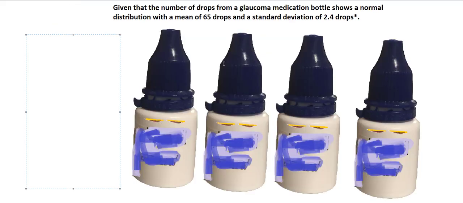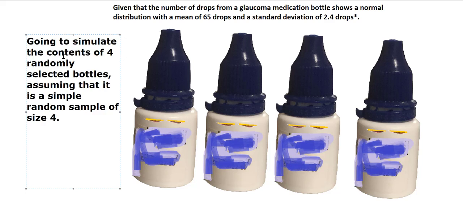Assuming that a patient gets a set of 4 bottles for a 4 months' supply at a time, we are going to simulate the contents of random samples of size 4 using software called Minitab that's available to you from the college. Let's take, say, 10,000 such samples of size 4.